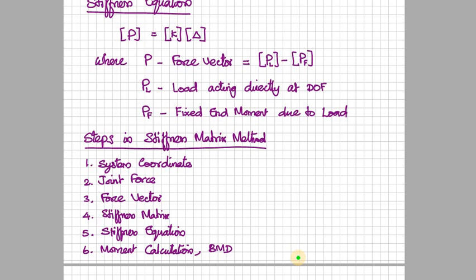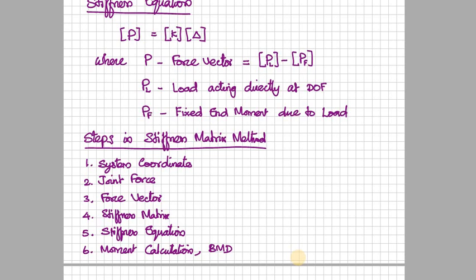So finally, the steps involved in the stiffness matrix method are: first we have to identify the degrees of freedom and designate the system coordinates at each degree of freedom, starting from 1. Next we have to calculate the joint force, especially at the degrees of freedom. Once we have the joint force, we can formulate the force vector P, which is equal to PL minus PF.